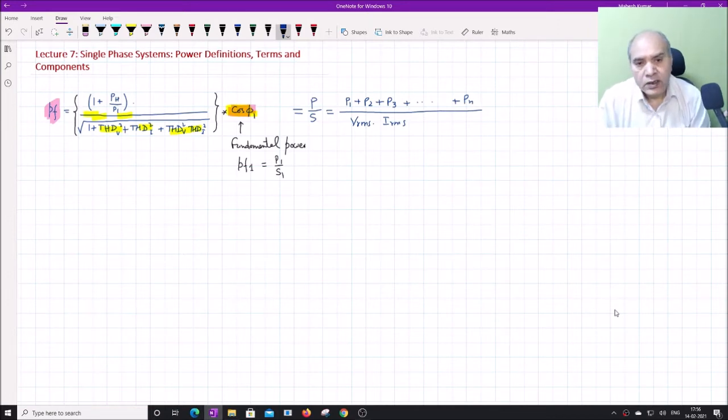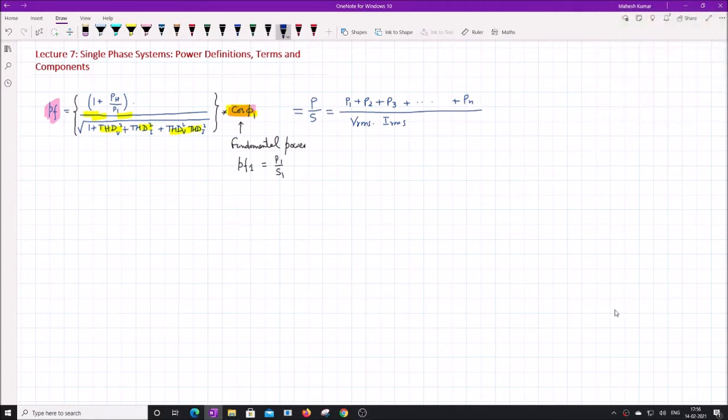Now, we can further write in terms of the voltage and currents, because P1 is nothing but V1 I1 cos phi 1 plus V2 I2 cos phi 2 and so on till Vn In cos phi n. The whole thing divided by the RMS values of the voltage and currents.